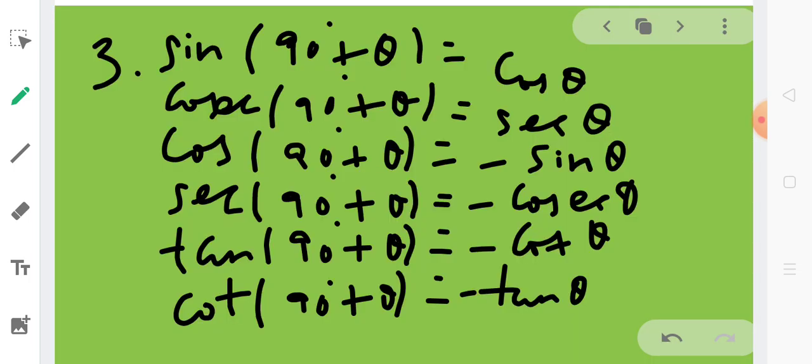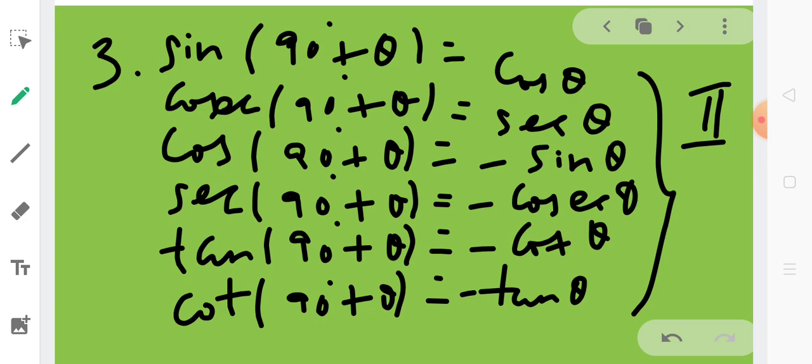Sine 90 degree plus theta is equal to cos theta. Cosec 90 degree plus theta is sec theta. Cos 90 degree plus theta is minus sin theta. Sec 90 degree plus theta is minus cosec theta. Tan 90 degree plus theta is minus cot theta, and cot 90 degree plus theta is minus tan theta. Now the angle 90 degree plus theta lies in the second quadrant.